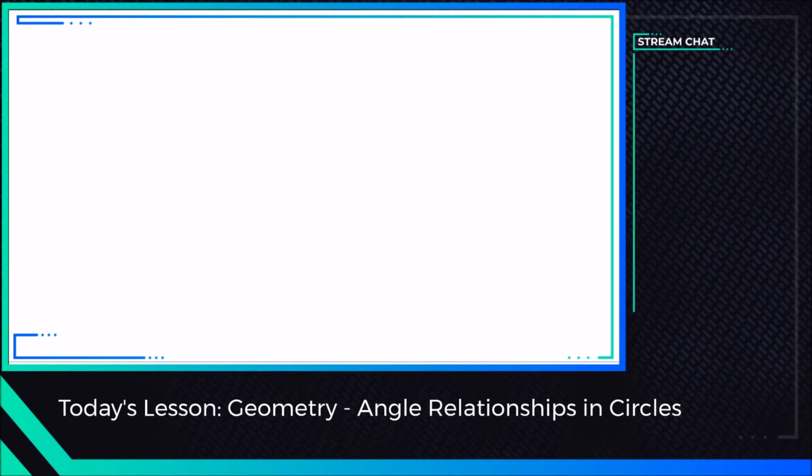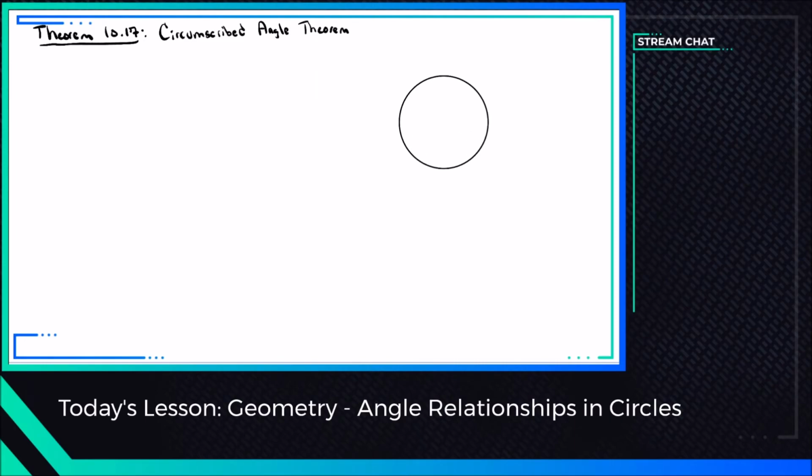And of course, I'm not going to introduce a new definition without associating a theorem with it. So we have theorem 10.17, which is going to be the circumscribed angle theorem. And so if we draw a circle here, and then draw a circumscribed angle and give it some measurements. So we got A, we'll put D down here, and then we have C over here.